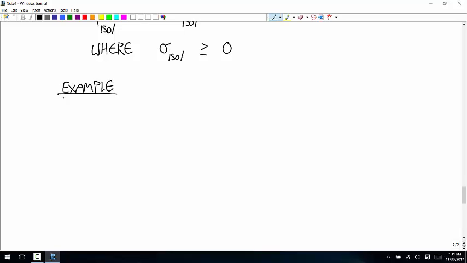So let's say that we have an isolated system. What I'm talking about is an insulated, fixed tub that holds water with a metal bar inside the water.